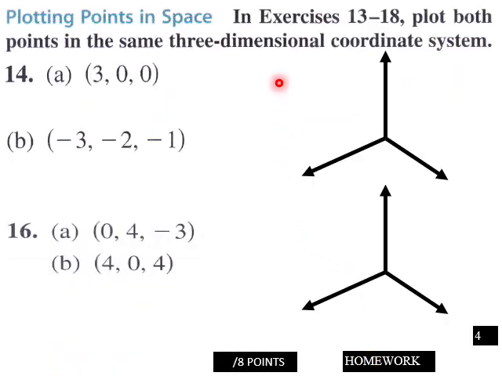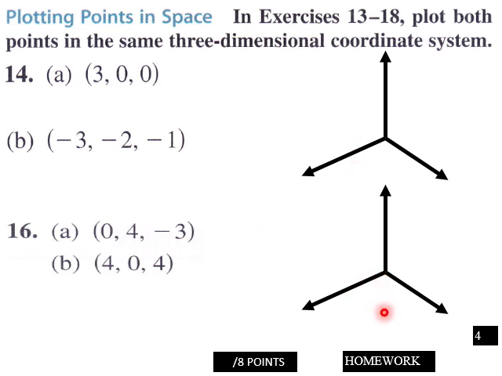Page 4. Plot both points in the same 3-dimensional coordinate system. So you have 3, 0, 0, and then -3, -2, -1. So if you need to go down into here, just extend that down into here. Same thing here, A and B is 0, 4, -3.